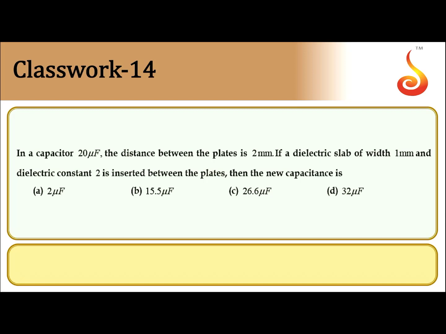Next one. In a capacitor of 20 microfarad, the distance between the plates is 2 millimeter. If a dielectric slab of width 1 millimeter and dielectric constant 2 is inserted between the plates, then the new capacitance is, okay.